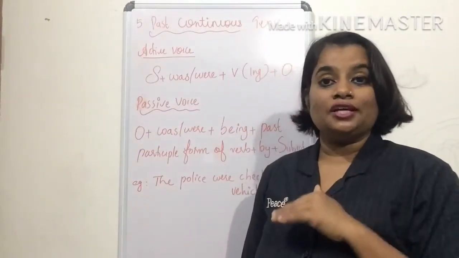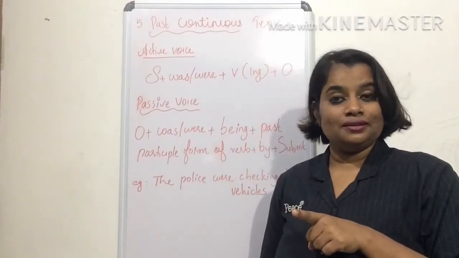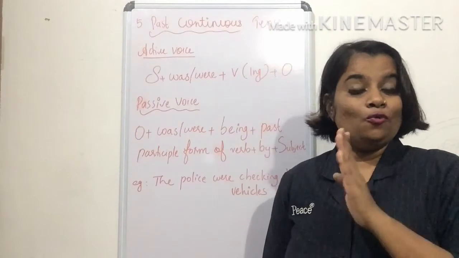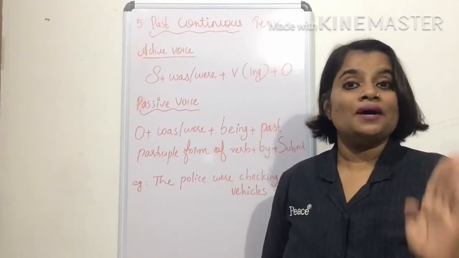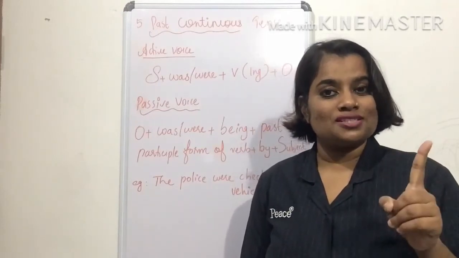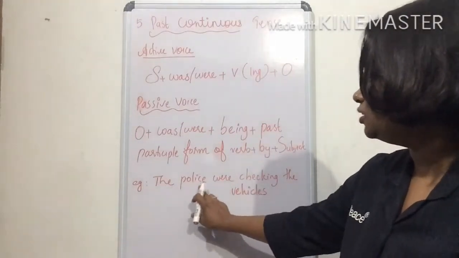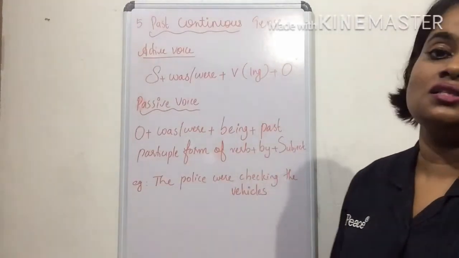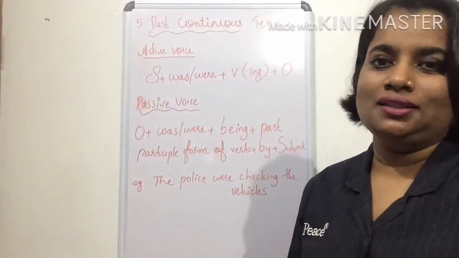Okay, but in the case of passive form, object comes at the beginning, that is object plus was or were plus being plus past participle form of verb plus by plus subject. Okay, so look at the example over here. The police were checking the vehicles.